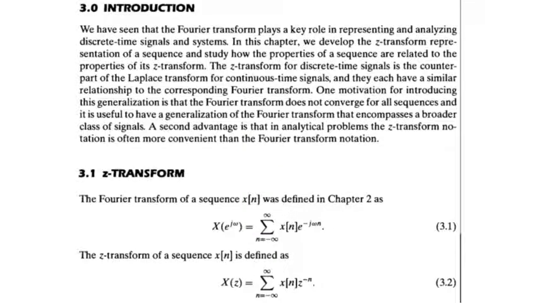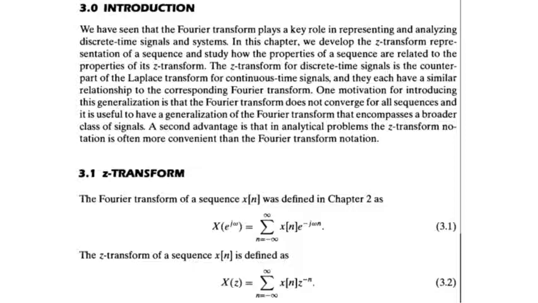As we know, Fourier transform plays an important role in analyzing discrete time signals and systems. In this chapter we will talk about the Z-transform of signals and systems and also discuss the properties of sequences related to the properties of Z-transform. Z-transform is basically the counterpart of Laplace transform.